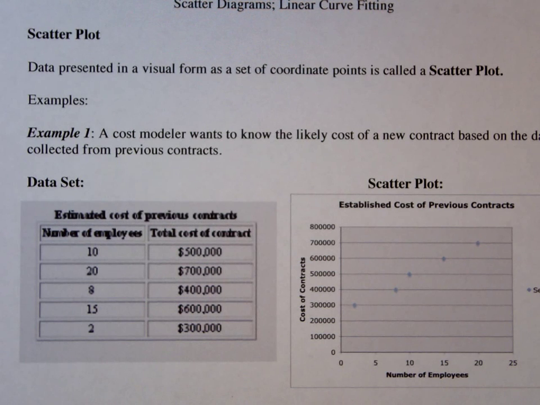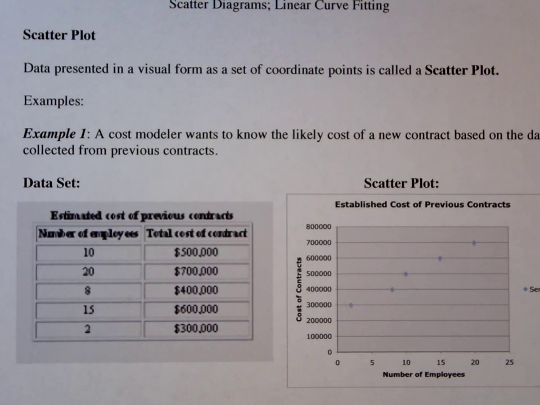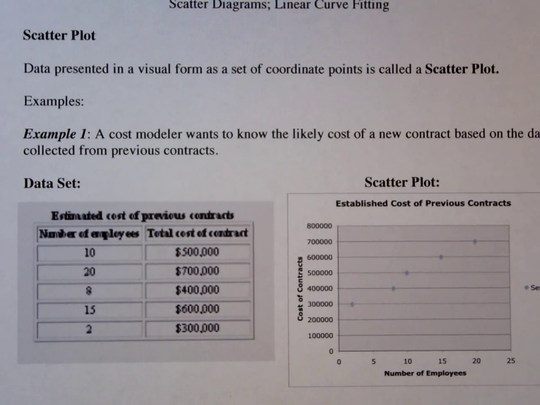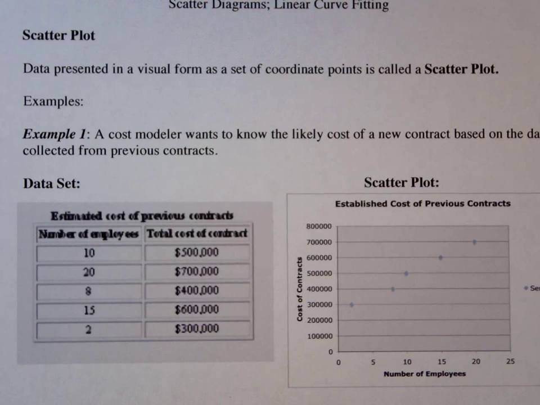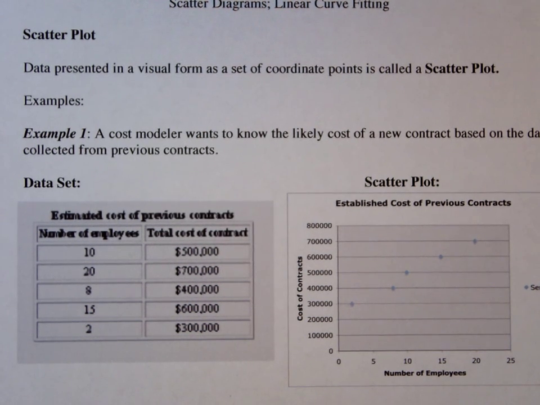That's very, very easy to do. And then you can use that, which we're going to do, to create something called a mathematical model, so that knowing what's happened in the past, you're going to try to use it to predict what's going to happen in the future. That's what it's all about.